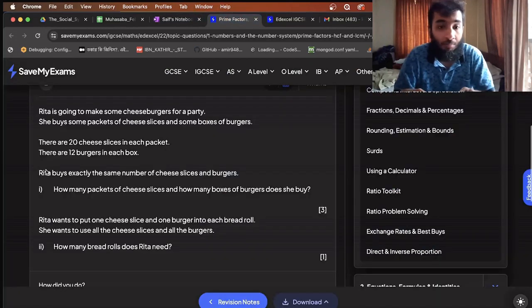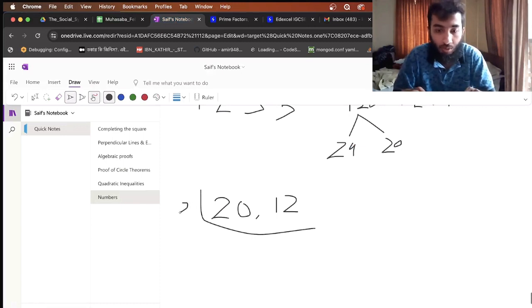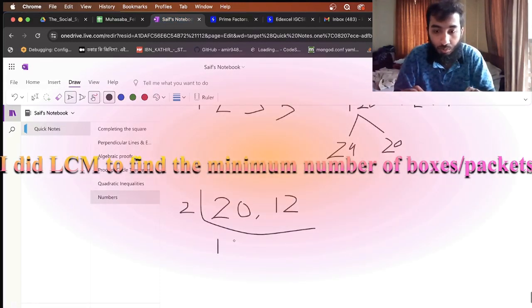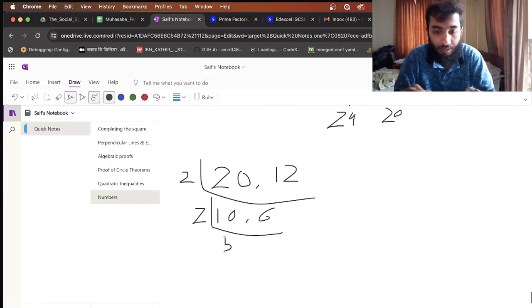Another important piece of information is that Rita buys exactly the same number of cheese slices and burgers. So I have to figure out how many packets of cheese slices and how many boxes of burgers. If I find the lowest common multiple of 20 and 12, I divide by 2 to get 10 and 6, then by 2 again to get 5 and 3.